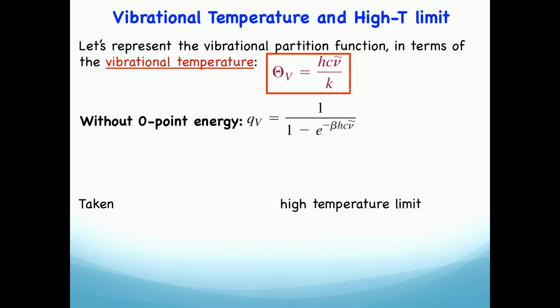So then the partition function would be this in the general case. In terms of the vibrational temperature, 1 over 1 minus e to the minus theta divided by T. Of course, this is easy to remember as this has fewer letters. That's why this is my favorite formula for the vibrational partition function.